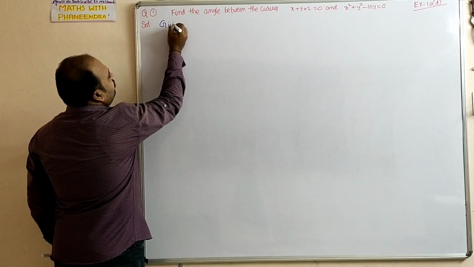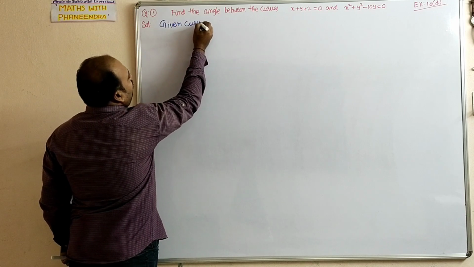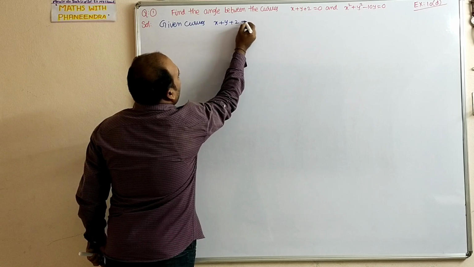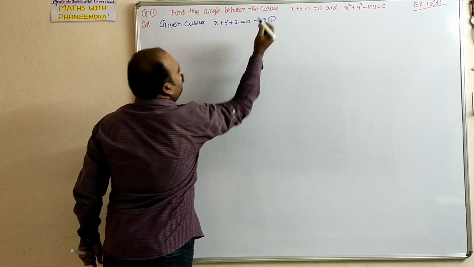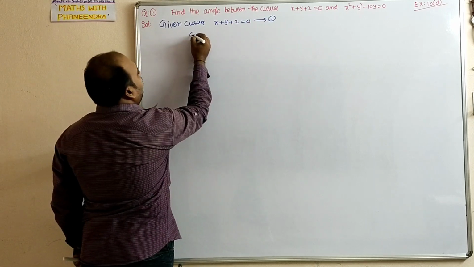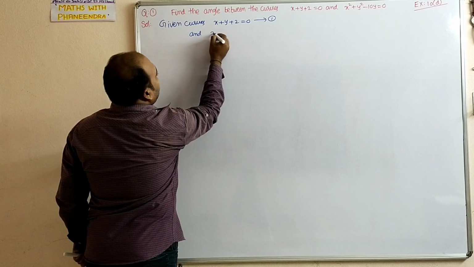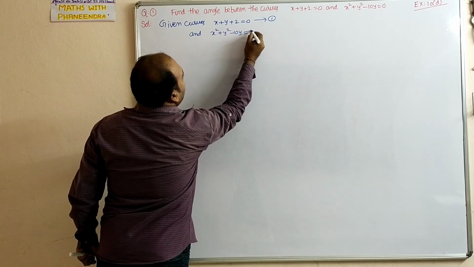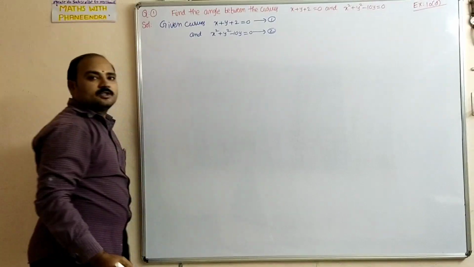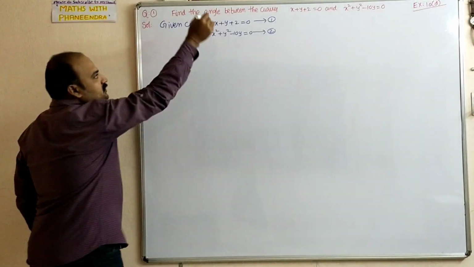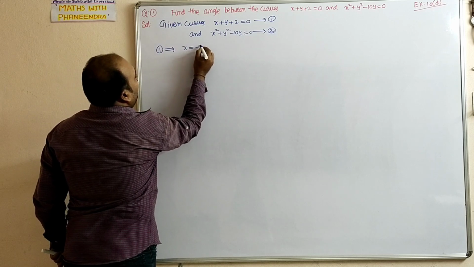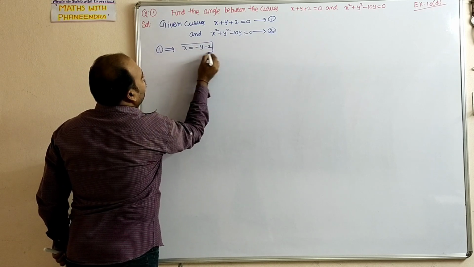Given curves: x plus y plus 2 equal to 0, put that as equation number 1. And second curve: x square plus y square minus 10y equal to 0. Solving 1 and 2, from equation 1, x value make as a subject, x equal to minus y minus 2.